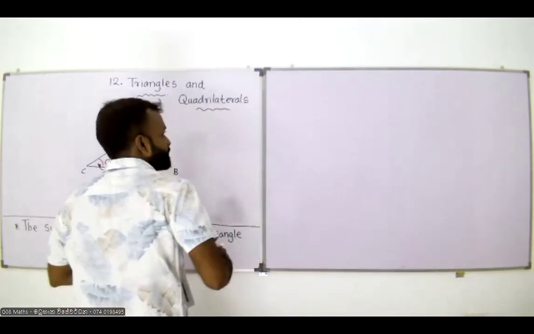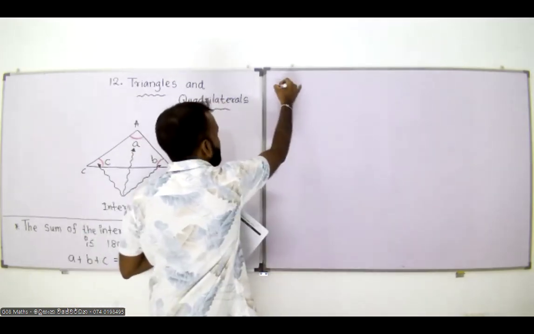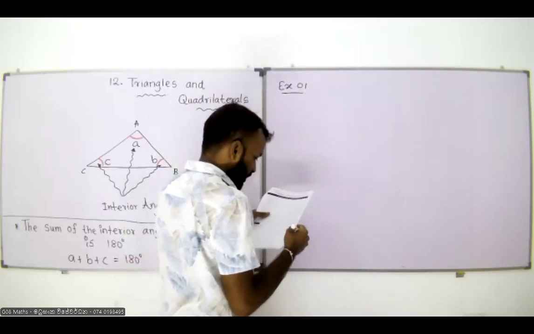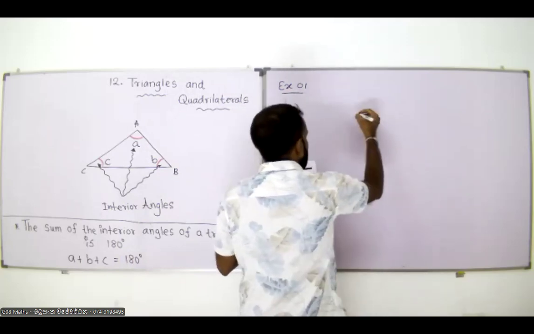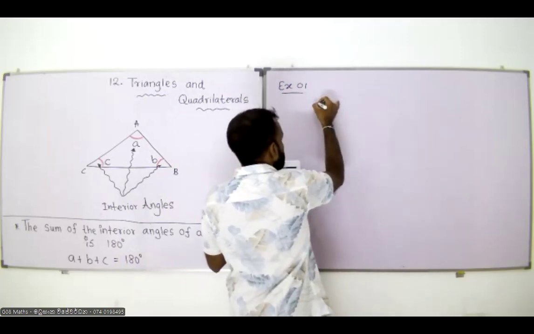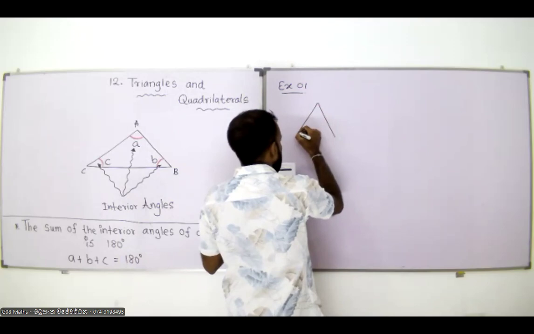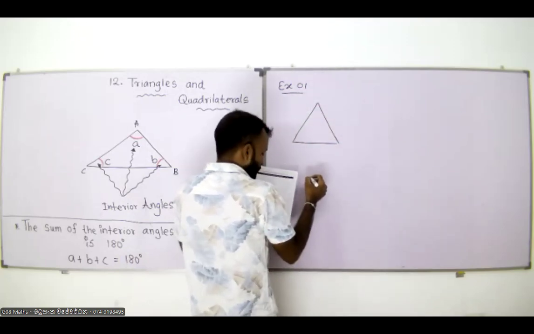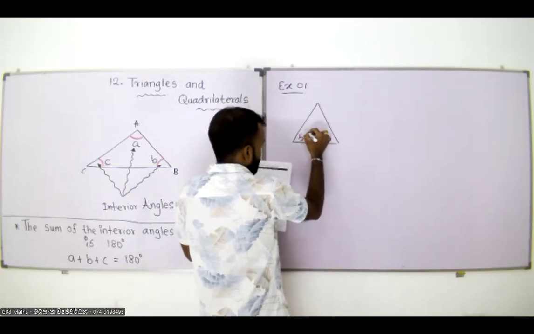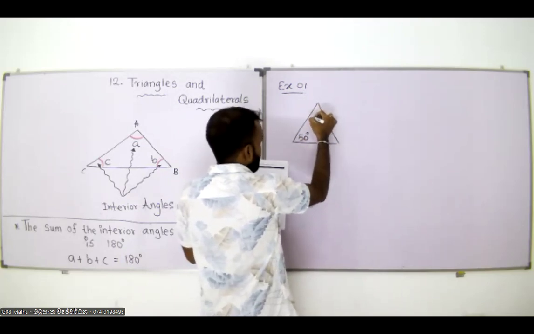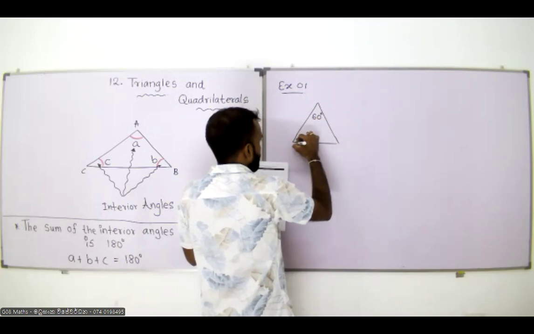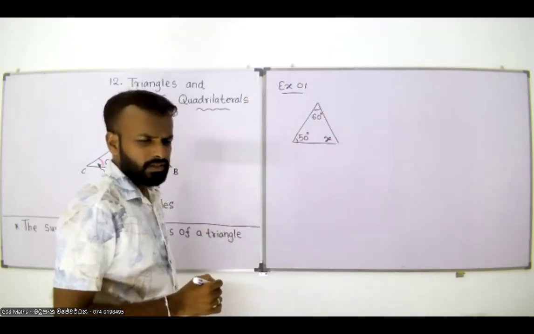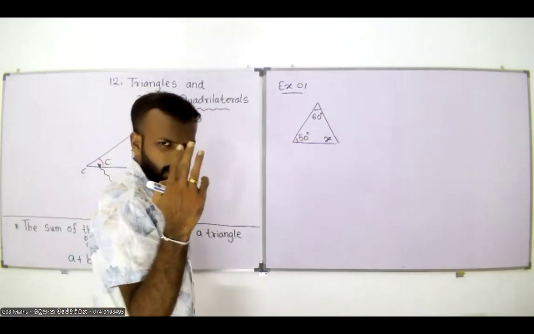Okay, let's do example number 1. I have given something. There is a triangle, and inside that, this angle is 50 degrees, this angle is 60 degrees, and this is X. Three interior angles.